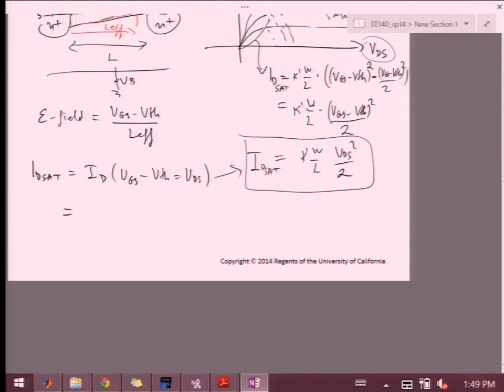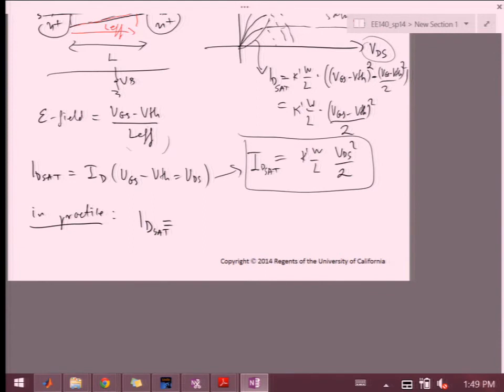Now, in practice, ID sat really depends on this L effective, not just the full L, as the channel is being pinched off.